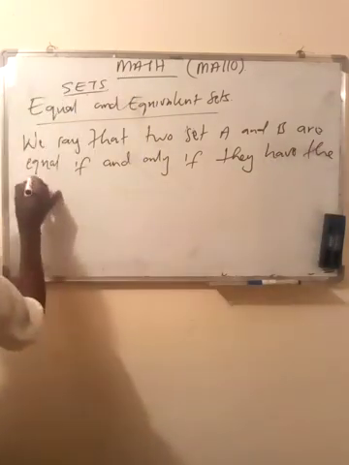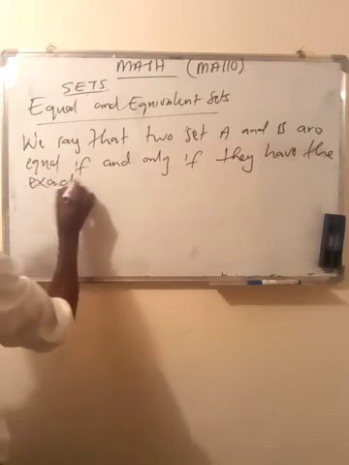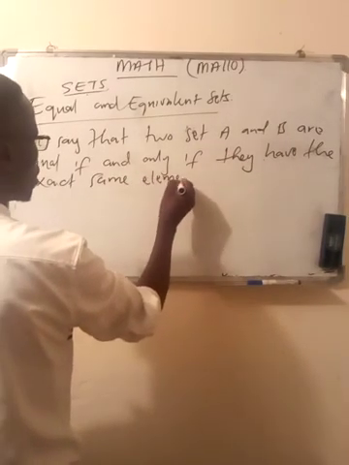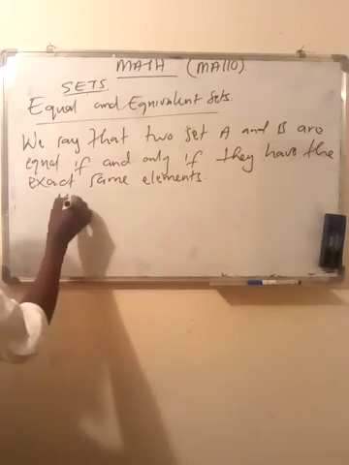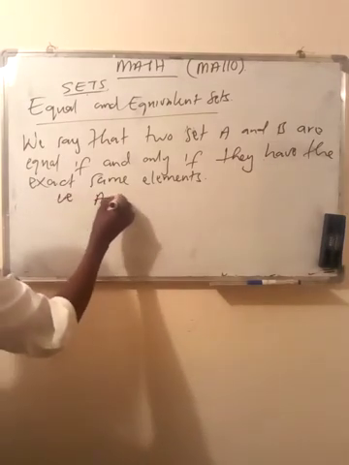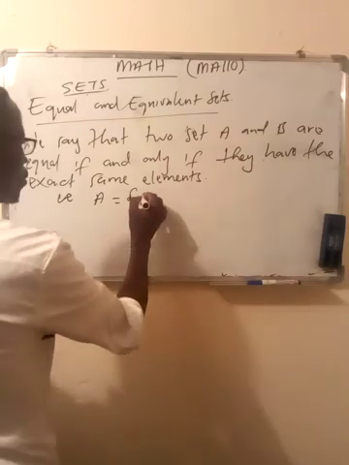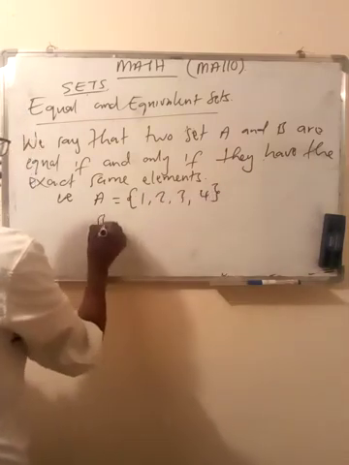For example, let's say A is 1, 2, 3, 4, then B is, no matter the order, 2, 4, 1 and 3. Of course we're supposed to list them in increasing or decreasing order, but let me just write it like this.